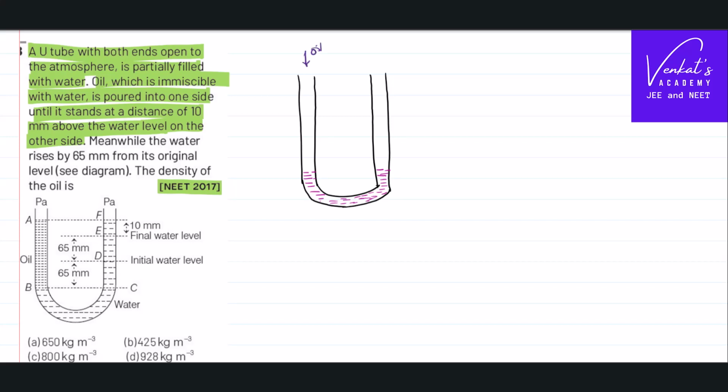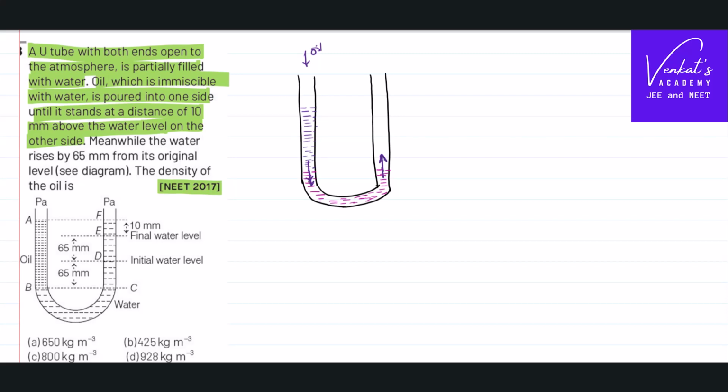When you are filling the oil, it pushes the water level down here, so the water level goes up on the other side. So you will get oil here. I am drawing the oil with the blue color. It pushes this water down and it rises on the other side.